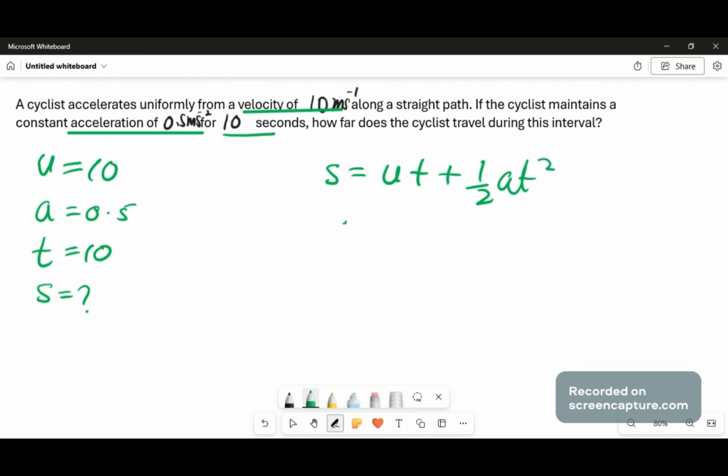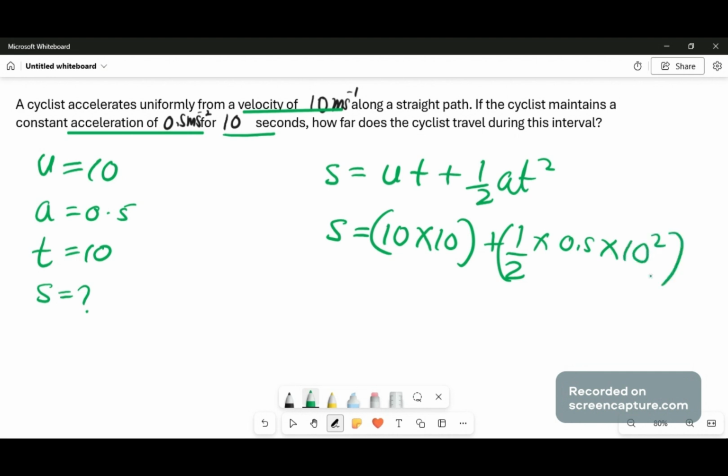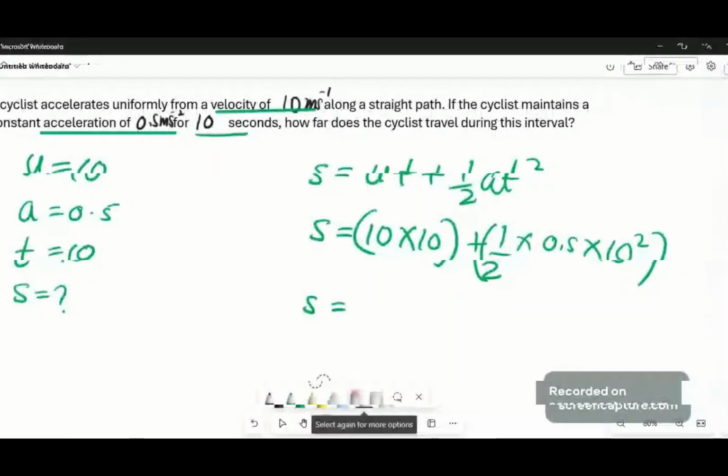You have to find the value of s. The u is 10, time is 10, plus half, acceleration is 0.5, into time is 10. The final answer is 45 meters.